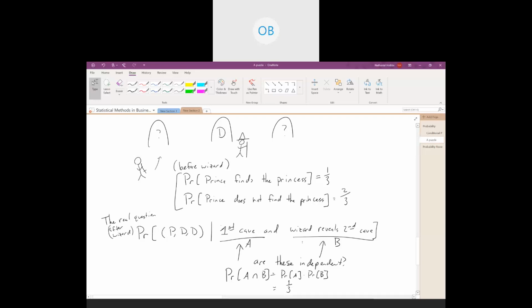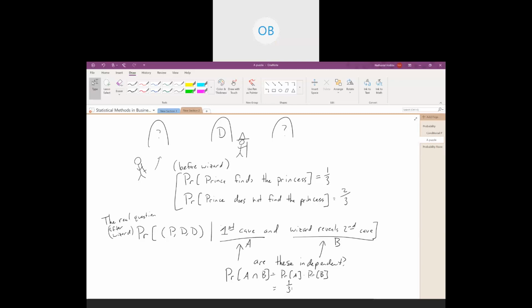So here, this is the probability of the wizard revealing a cave all by itself. It's just the probability that the wizard reveals the second cave. And this is independent of whatever cave the knight might choose.